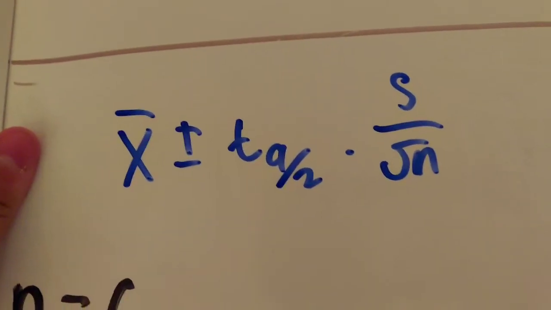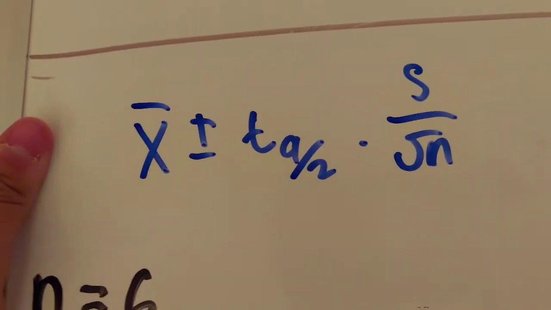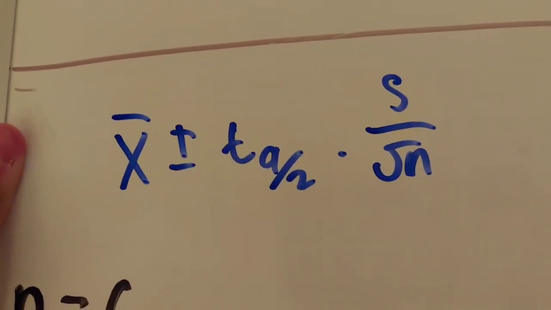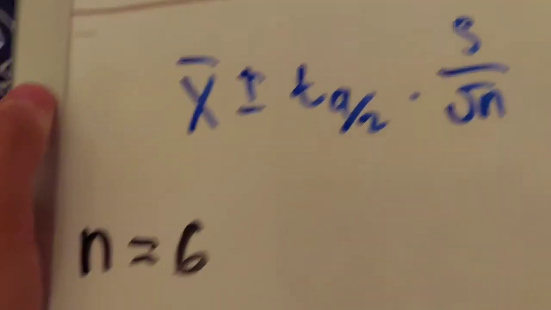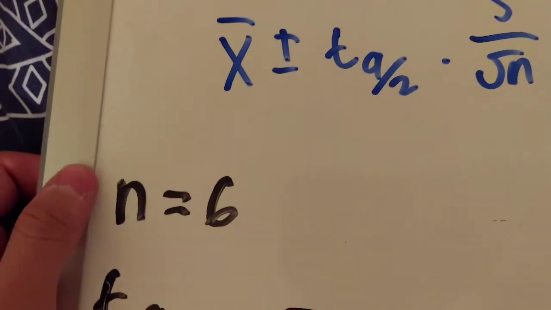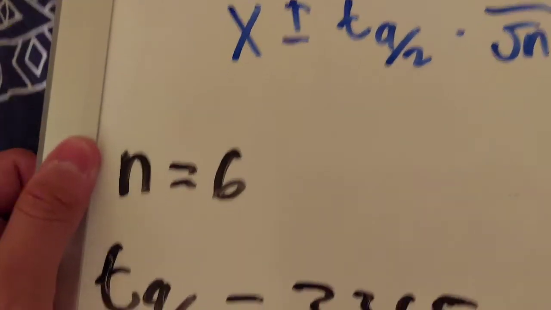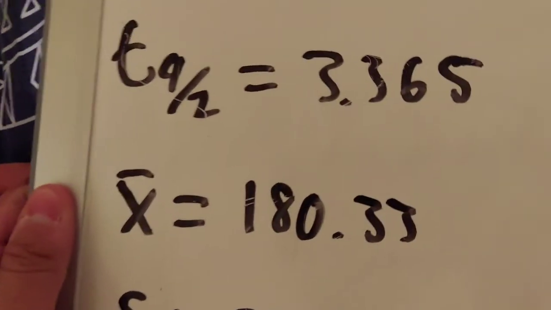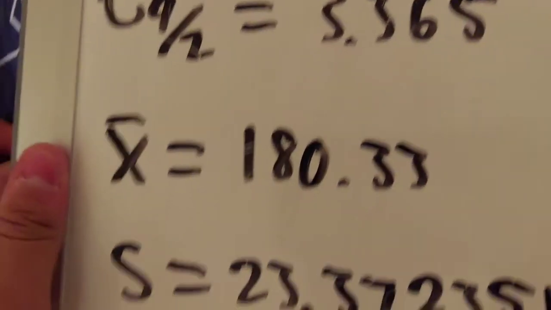As shown here, we've got everything that we know. First up is our actual formula: sample mean plus minus T alpha over 2 times sample standard deviation divided by the square root of the sample size. Now right here is all our work done. First up, sample size equals 6. T alpha over 2 is equal to 3.365. Sample mean is equal to 180.33.